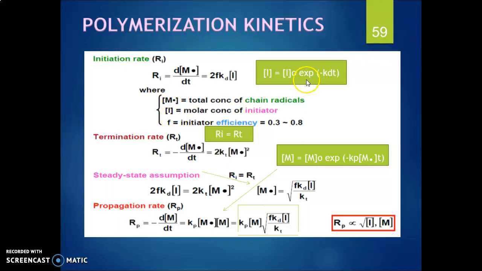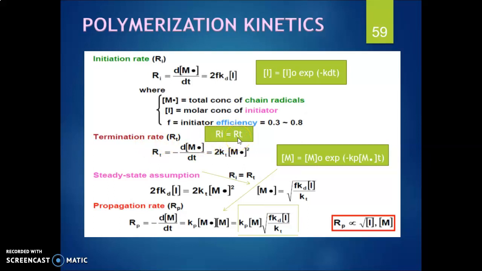And when we use this equation, I will show an example question so that you can get a clear view. The question will also ask what is the rate of termination. The rate of termination is given by Ri equal to Rt.